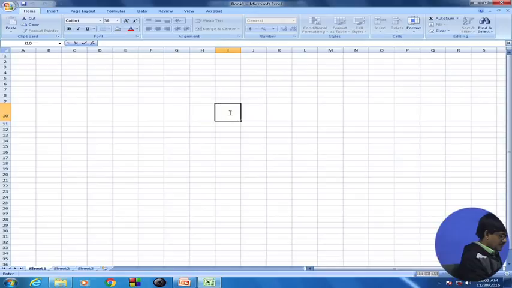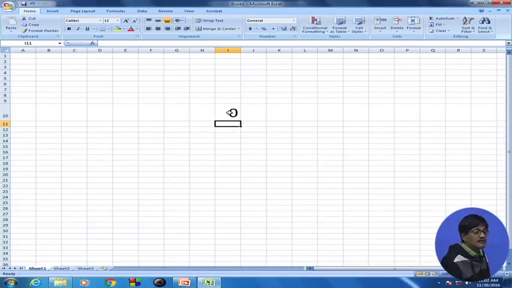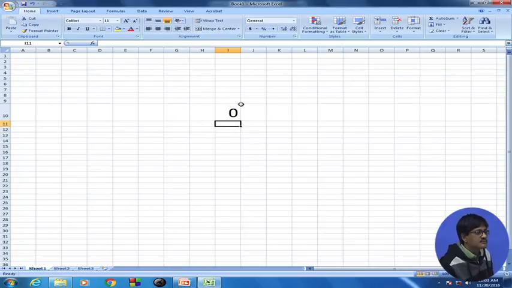Right, equal to 1 by 3.817. How is that possible?